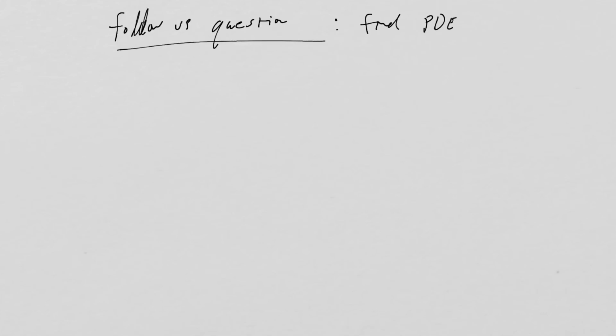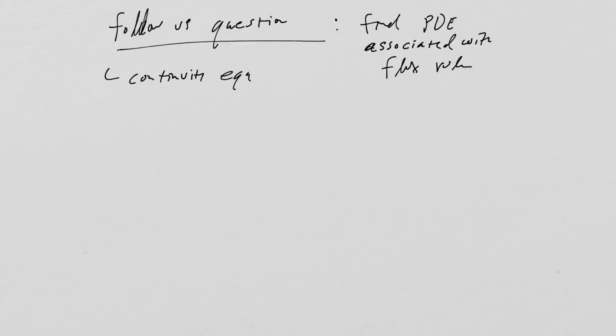All right, now the follow-up question we have for it is, find the PDE associated with the flux rule. So for this, we use the continuity equation in differential form.